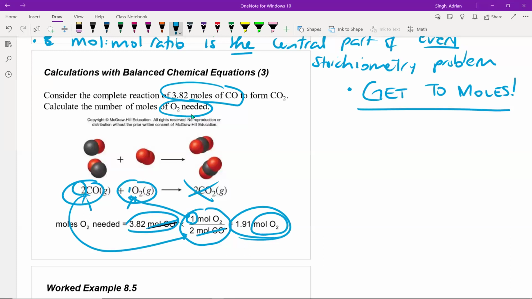Okay, so every single stoichiometric problem will boil down to these mole to mole ratios that come from the balanced chemical equation.